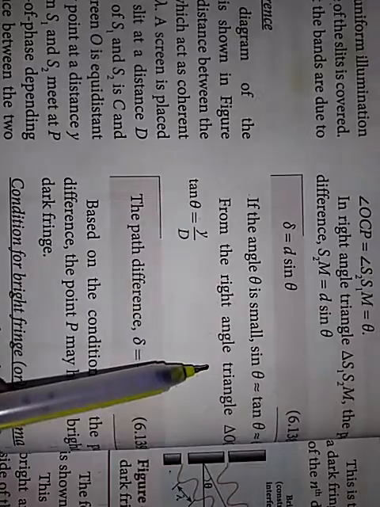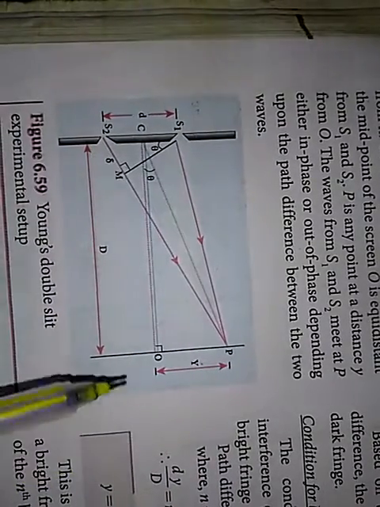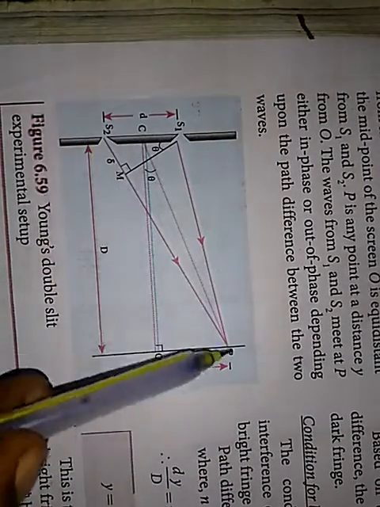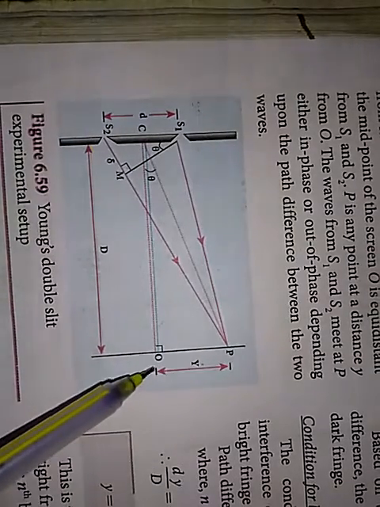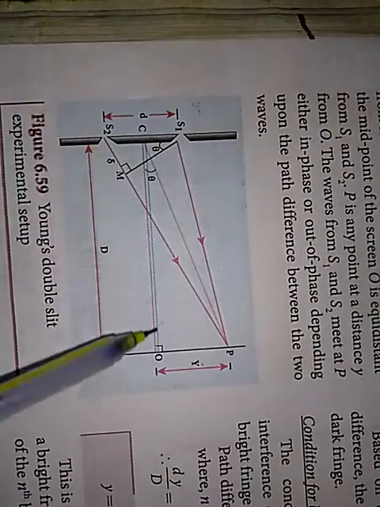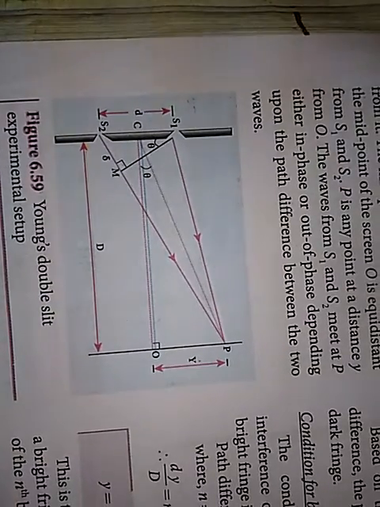So from the right angle triangle OCP, this is theta. What is tan theta? Opposite side, this distance is y, adjacent side, this distance is D. So capital Y divided by capital D.